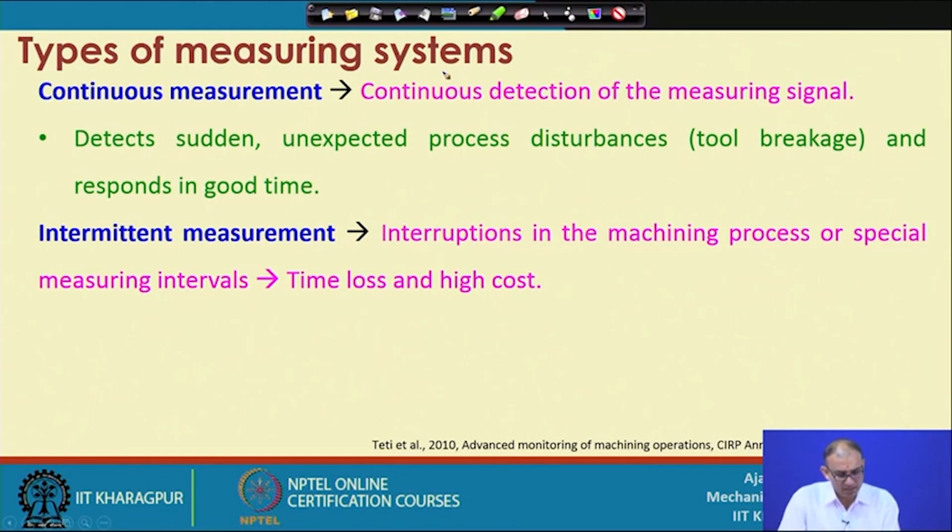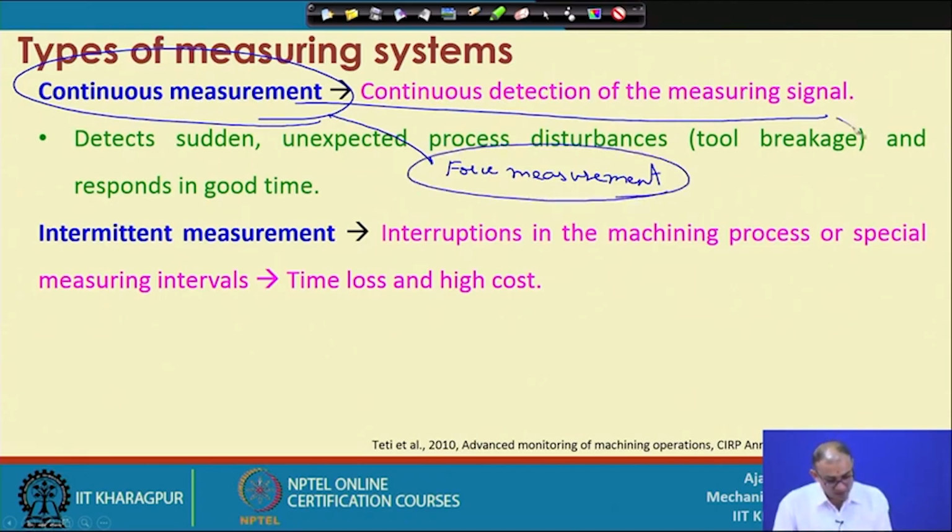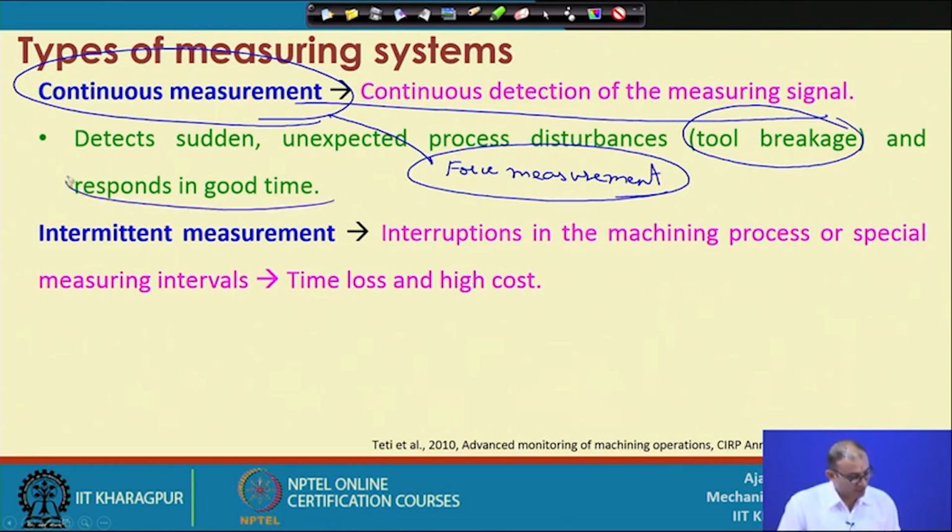When you want to do things continuously, then mostly we use an indirect approach, because we are measuring forces here. So, force measurement is an indirect approach, but by measuring the force you can find out the tool breakage, because if there is a sudden decrease in the cutting force signal, then you can tell that there is wear of the cutting tool or a sudden complete breakage of the cutting tool. By that way you can monitor continuously.